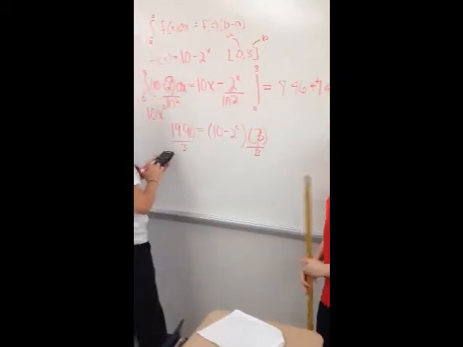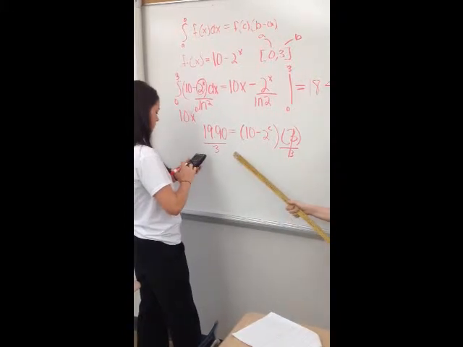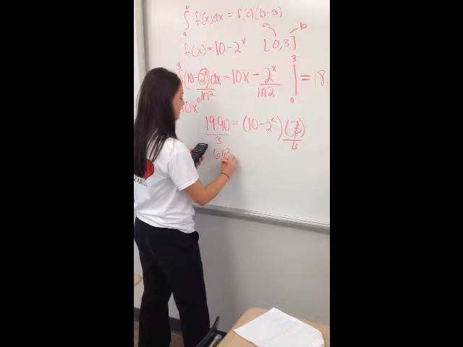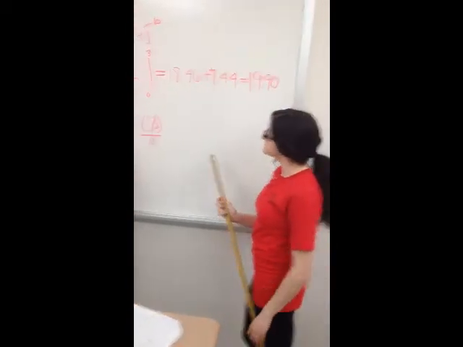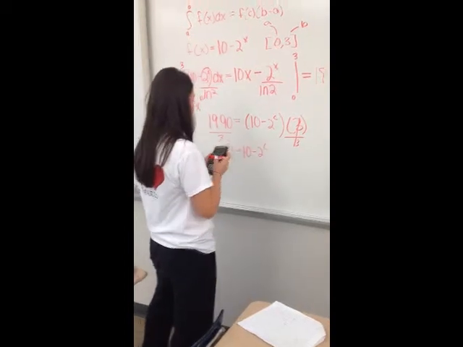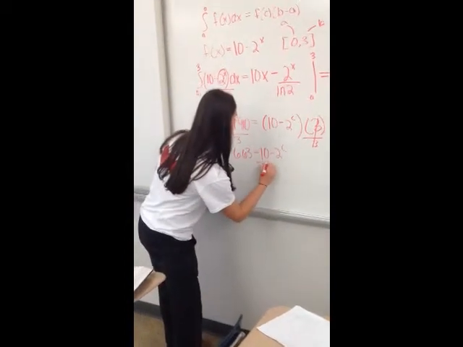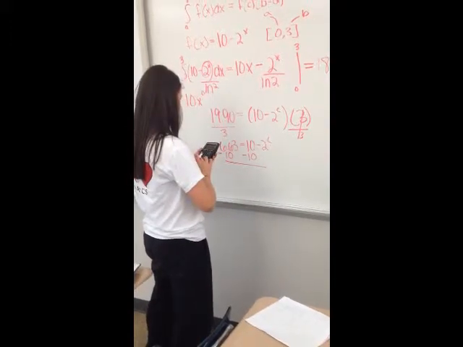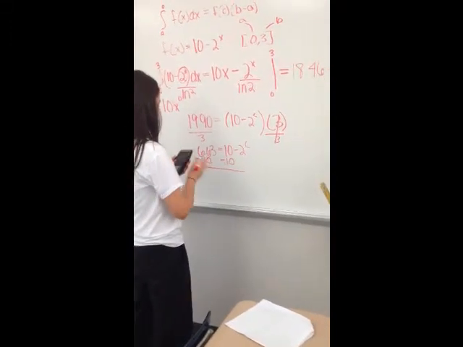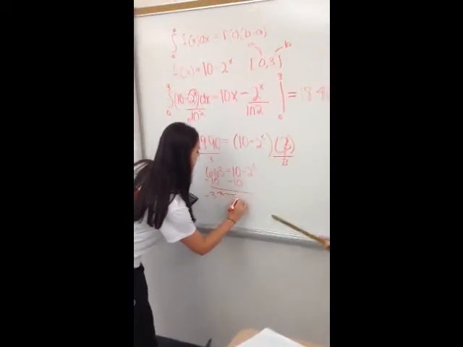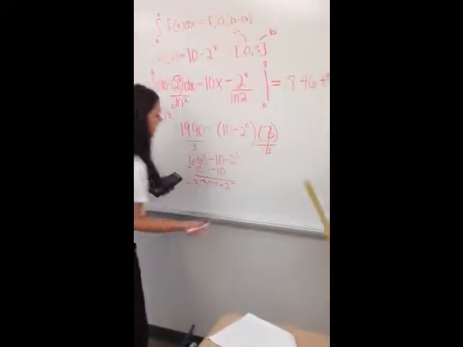You get 6.63 equals 10 minus 2 to the c power. Now what you do here is subtract 10, and you get negative 3.37 equals negative 2 to the c power.